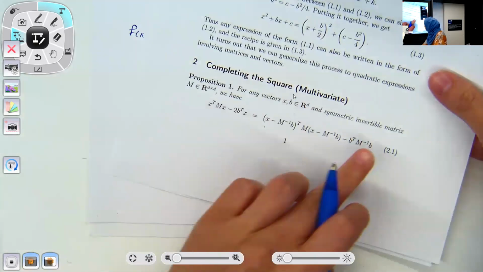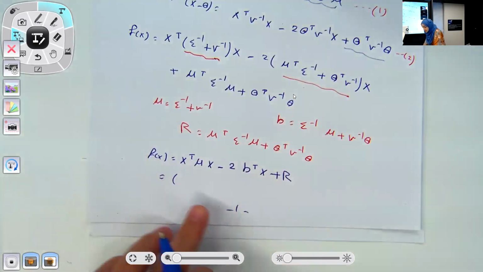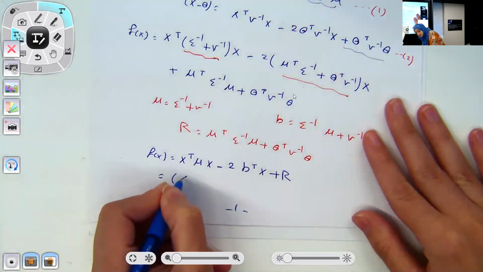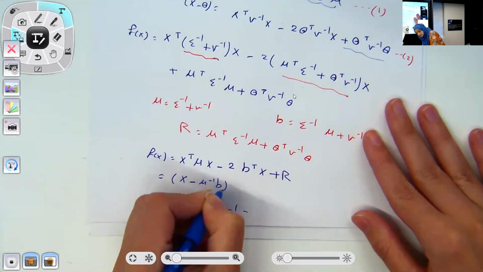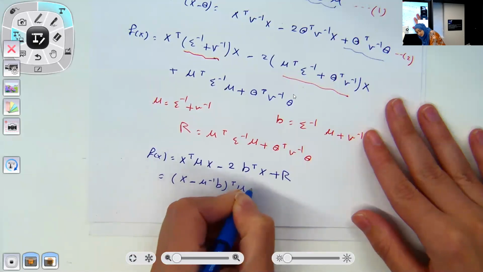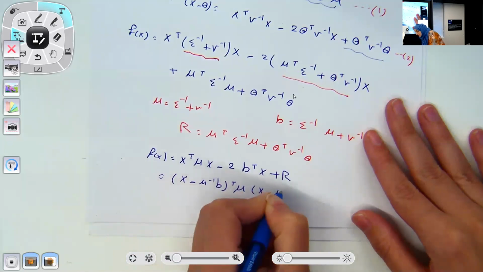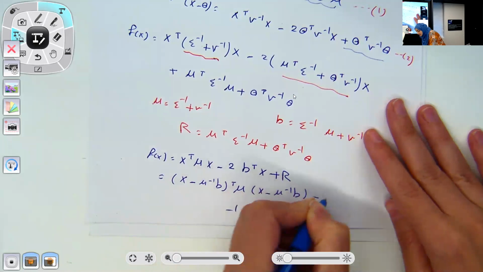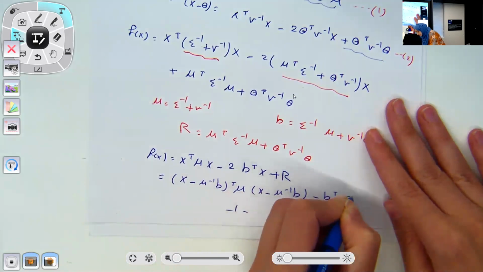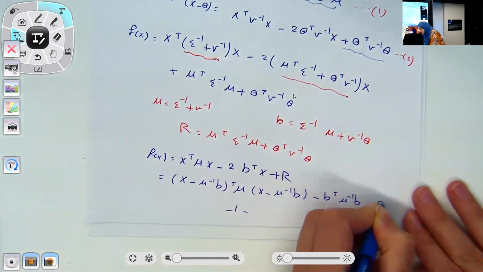We just need to write the same formula. This is equal to X minus mu inverse B transpose mu multiply with X minus mu inverse B, minus B transpose mu inverse B plus R.